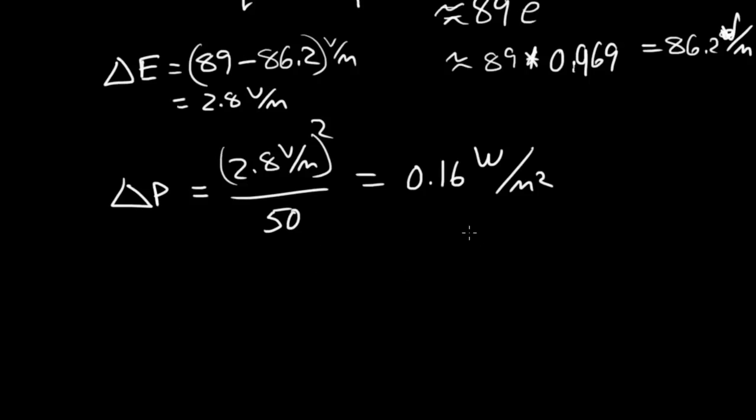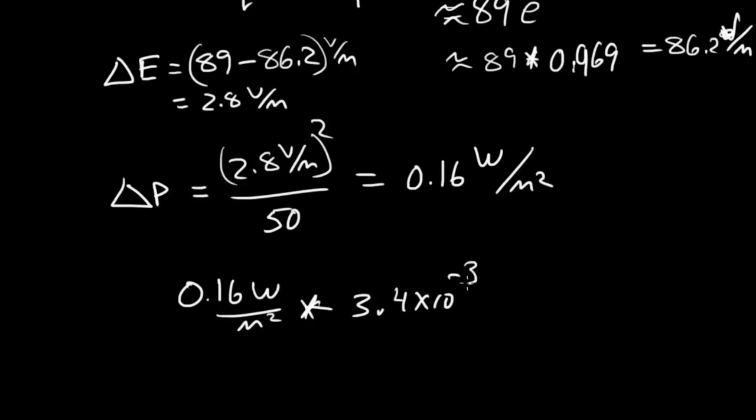So, this is the amount that decayed over 1 gram. So we need to multiply that by the area of the plane wave, 0.16 watts per meter squared, times the area of the plane wave, 3.4 times 10 to the minus third meter squared, equals 5.4 times 10 to the minus 4 watts, and I've dropped a unit here, but watts per gram.